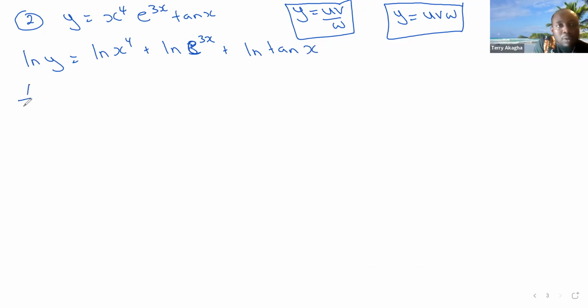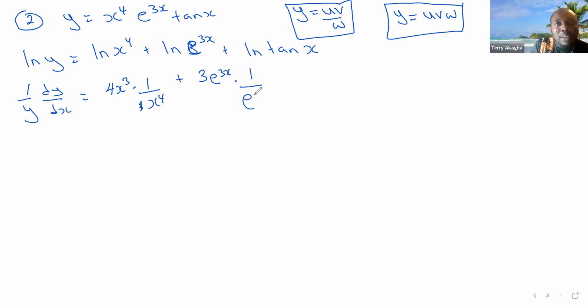Ln y is going to be 1 over y, dy over dx equal to, this is going to give you 4, let's start with 4x cubed dot 1 over x raised to the power 4, if that makes sense. Plus, you differentiate this. If you differentiate e to the 3x, it's going to give you 3e to the 3x multiplied by 1 over e to the 3x.